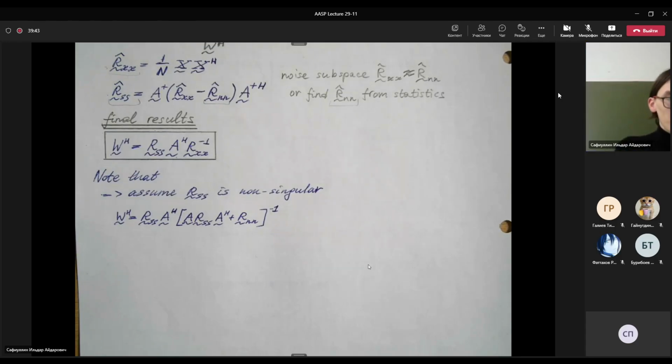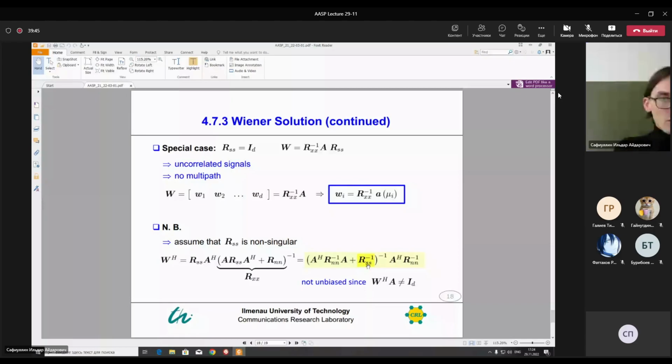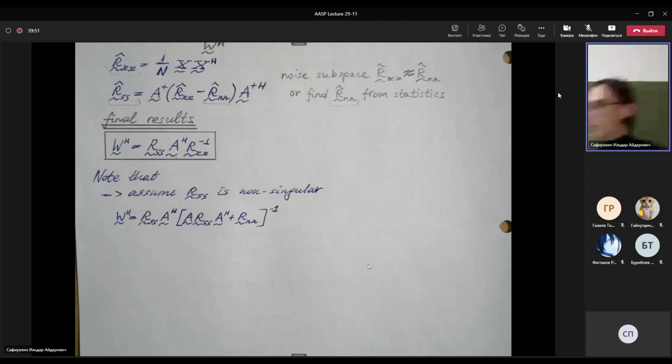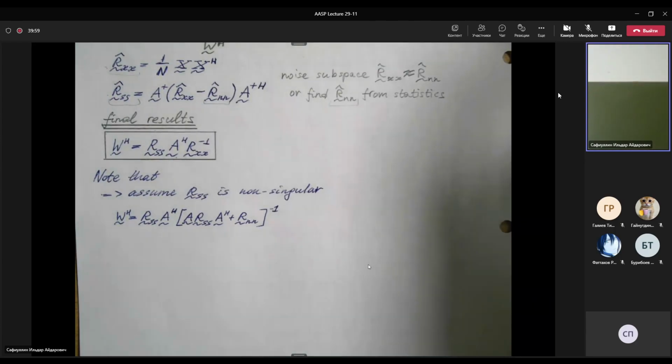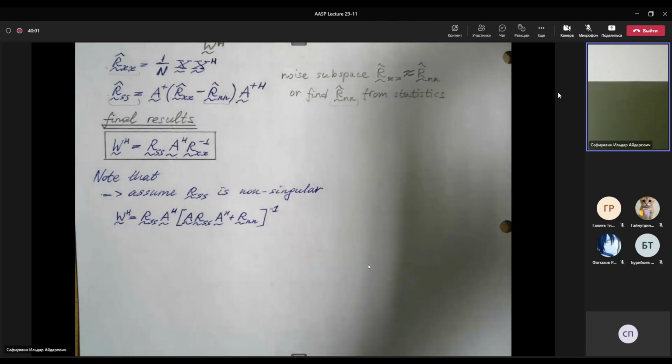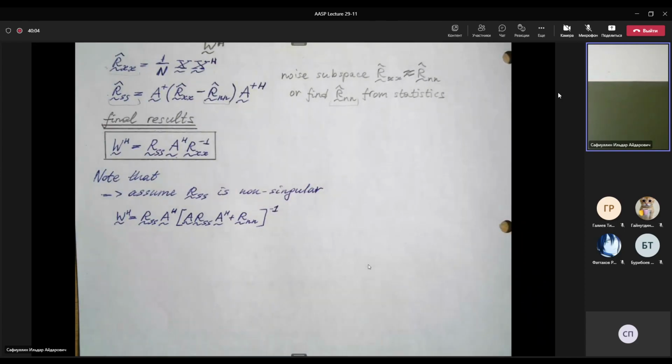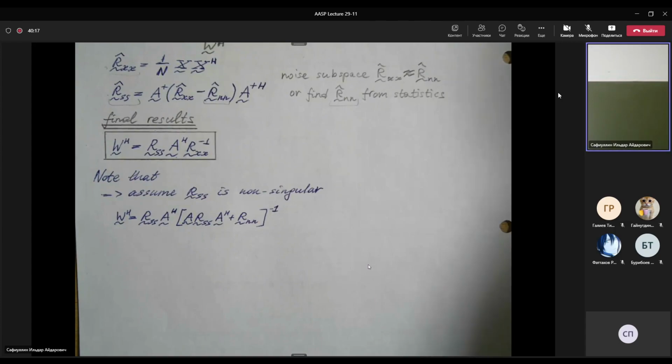And then let me check. Maybe write all these things. I will try to find this in previous lectures. So it is section number 3 with the Wiener solution. Somewhere here.